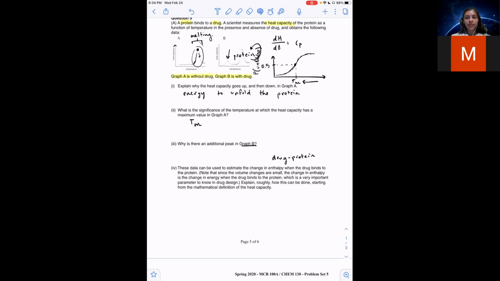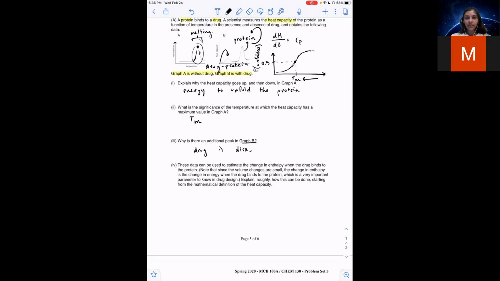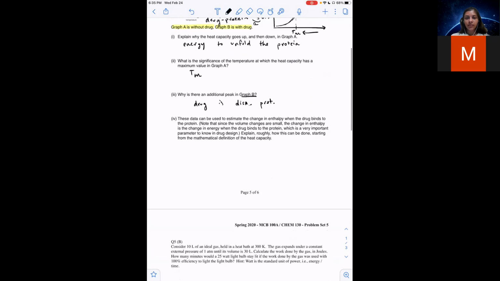From part A, we know that this peak right here corresponds to the protein-protein interaction. So we can just use process of elimination to figure out that the smaller peak is the drug-protein peak. And specifically, since we're increasing the temperature, the drug is dissociating from the protein. All right, cool.